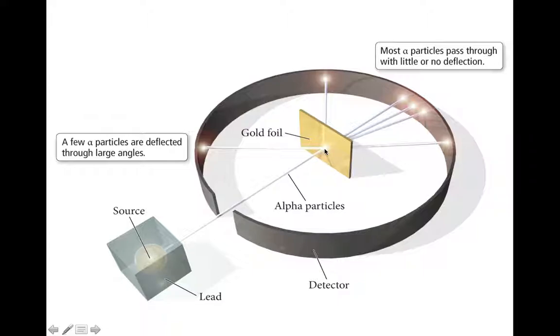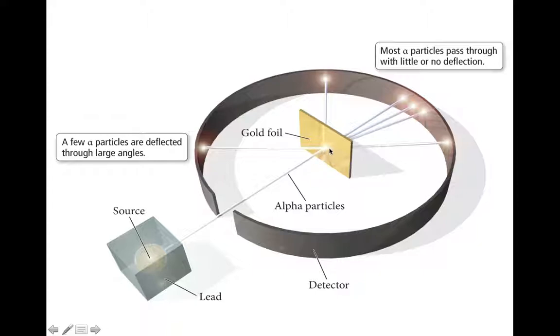The idea was that if the Plum-Pudding model was correct, the particles would go straight through. What Ernest Rutherford found, however, was that they would actually bounce off. Some of them would go through. Actually, a lot of them would go straight through, but some of them would glance off the side of something in there, which turned out to be the nucleus.